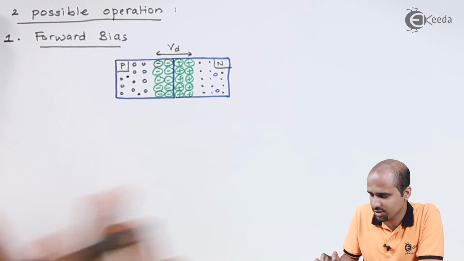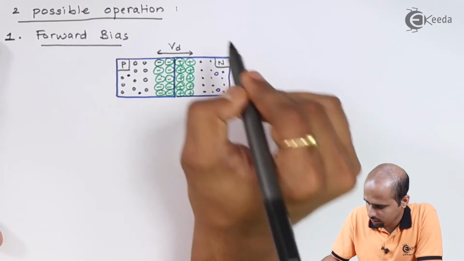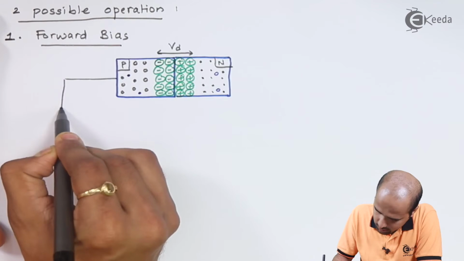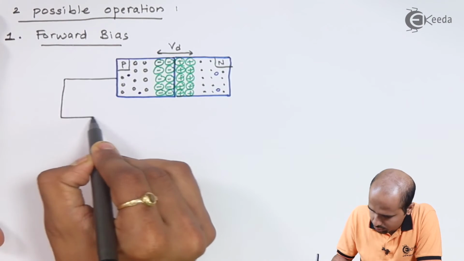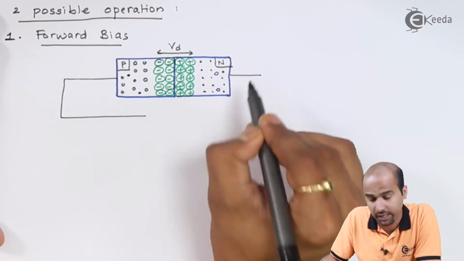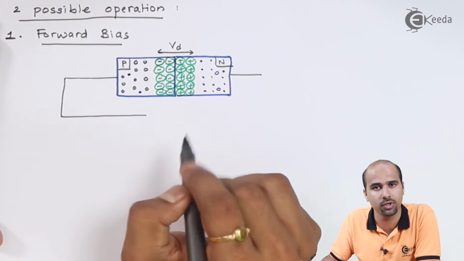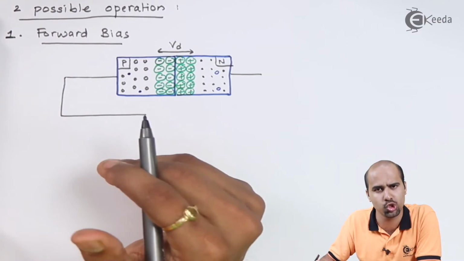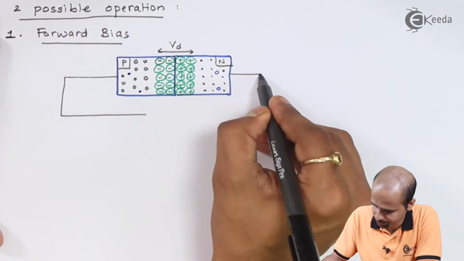Okay, this is a simple diode. Now with this we will form the external circuit such that I will get the external force for the electrons to move towards the p-type or holes to move towards n-type.